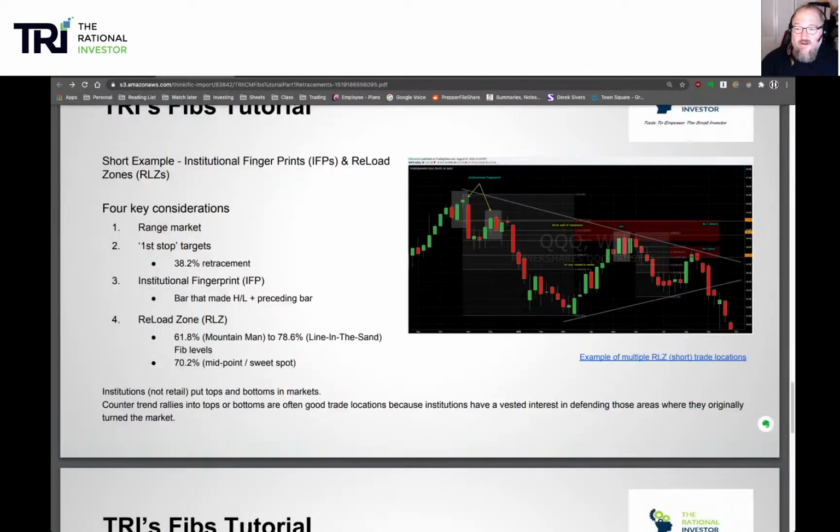So it is important to know that, like I mentioned before, it's institutions, not retail investors, who put in the tops and bottoms of the market. Because of that, and because we're not institutional traders here, right? It is important that we understand that we're not trying to predict and get in on trades ahead of time. We're waiting for trades to establish.